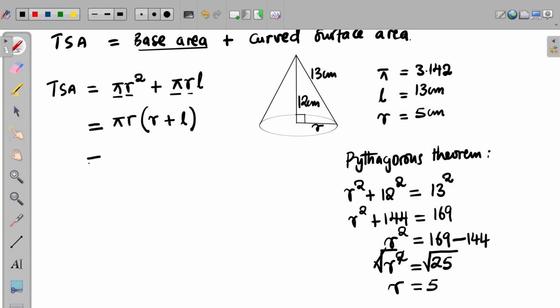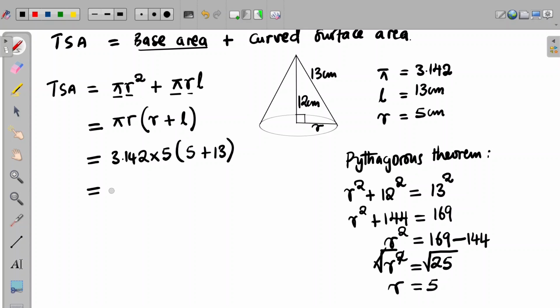So you say equals pi, which is 3.142, times radius, which is 5, then open brackets, radius 5 plus slant height, which is 13, close brackets. Let me multiply 3.142 times 5.